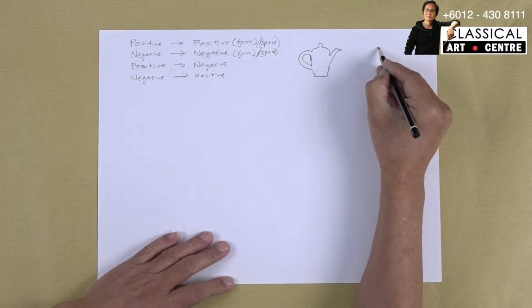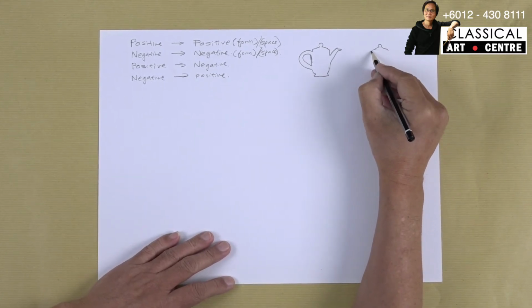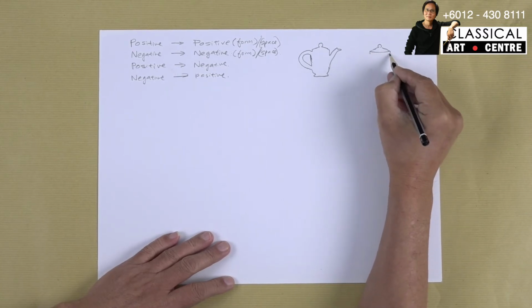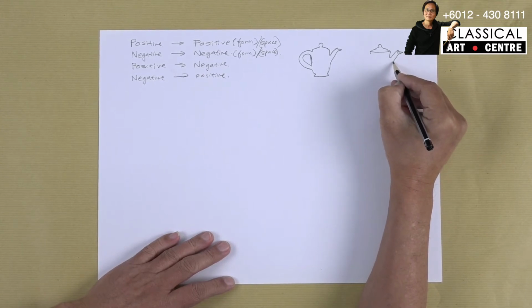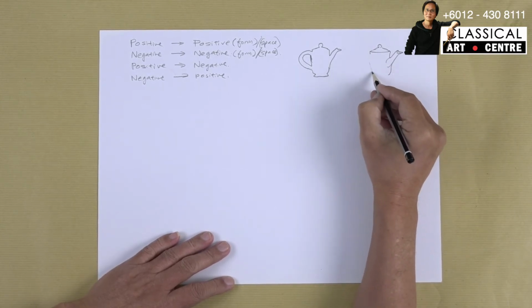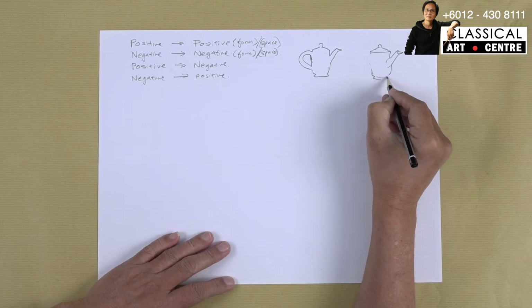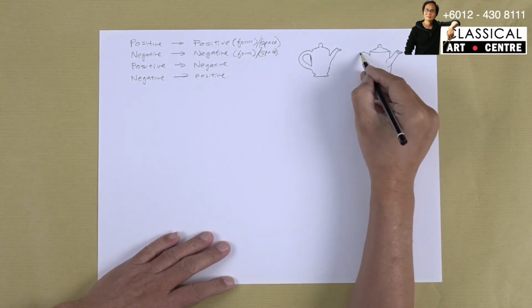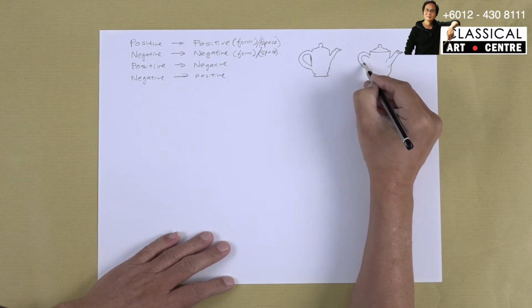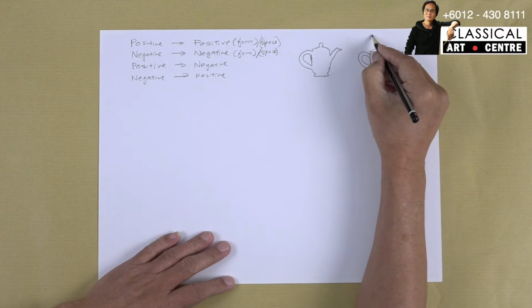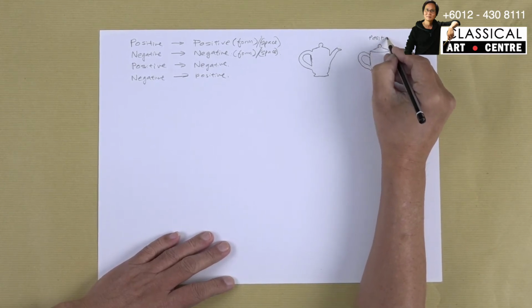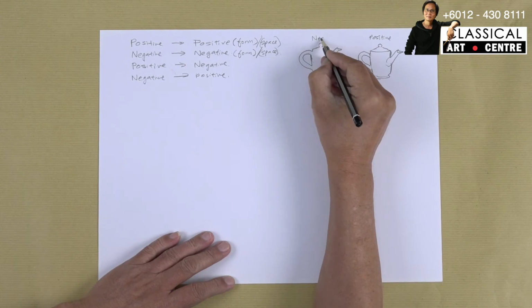If you draw in this way and you want this, and you also need this, you need this, you see, and you need this. So what is that? This is positive. But this one is negative.